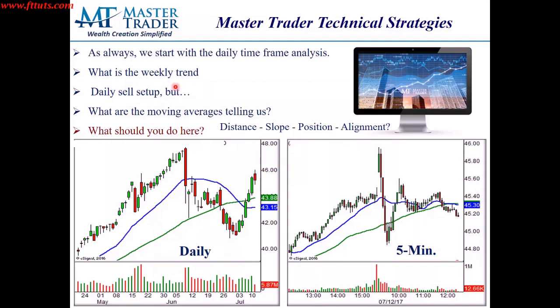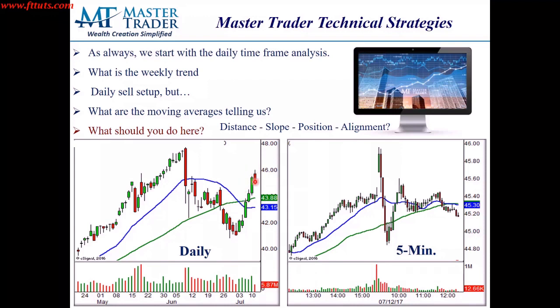What is the weekly trend? It's actually rising. We have a rising 50 MA. Now we've got a 20 MA that's pointed down, so even without looking at the price, the alignment of these moving averages would tell us that there must have been a correction against the uptrend on the weekly time frame.